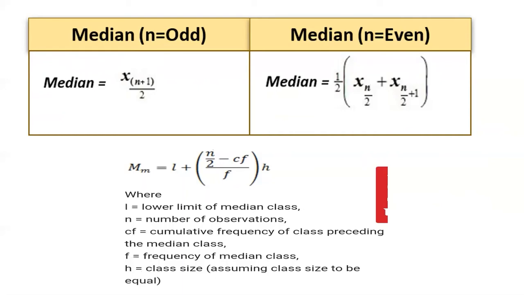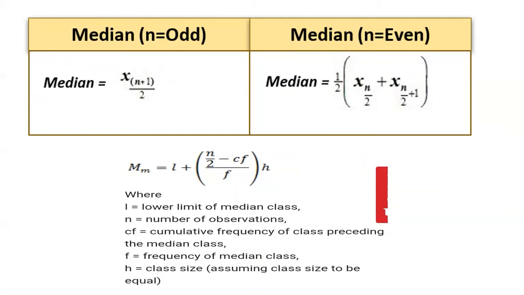Both will be added together, and the sum will be divided by 2 to find the median in case of an even number of observations.